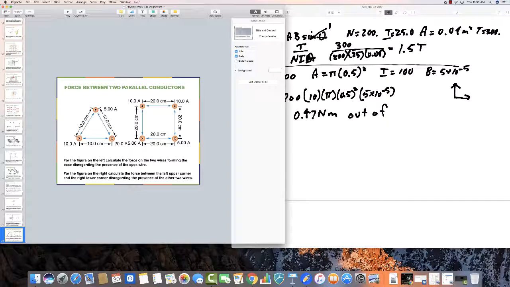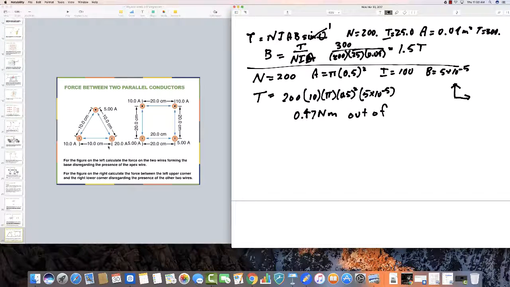So let's take a look at what we're going to do here. The first one, for the figure on the left, that's this figure, calculate the force on the two wires forming the base. And this is disregarding the presence of the apex wire. Now, if you want to make this problem a little more challenging, you can say, what is the force on the apex wire from each of these two wires here?